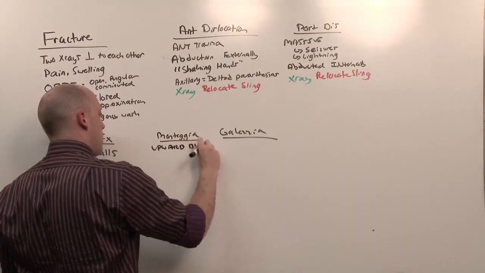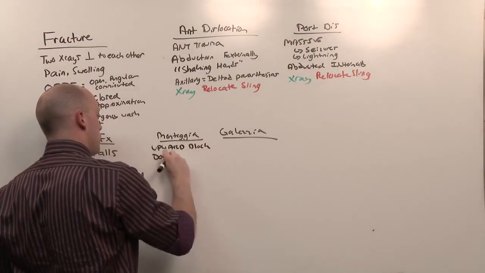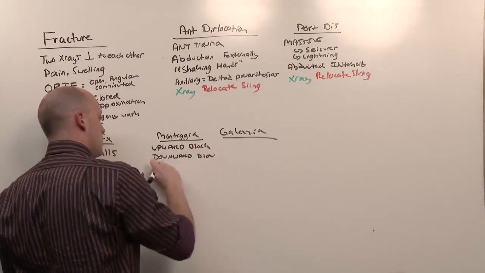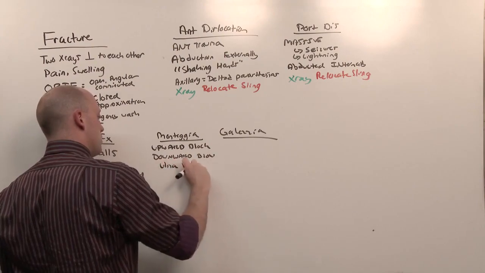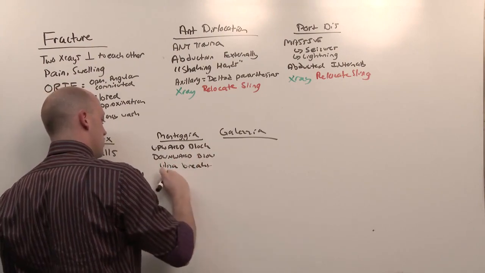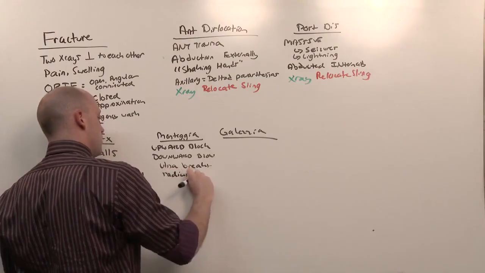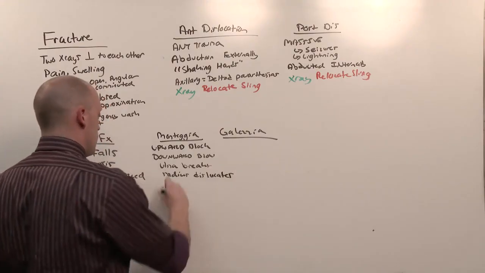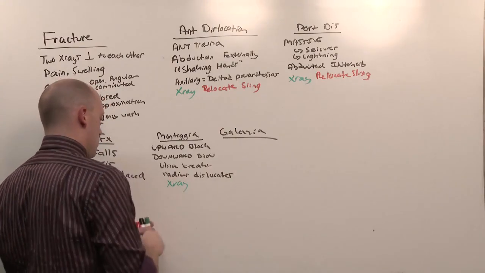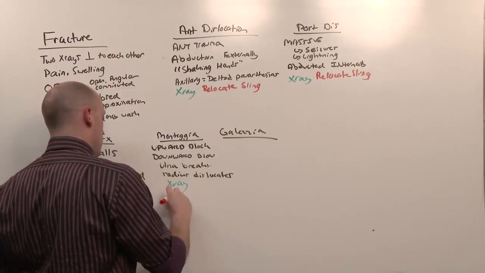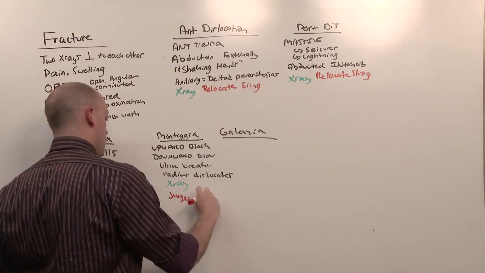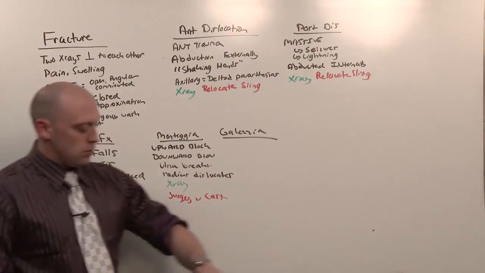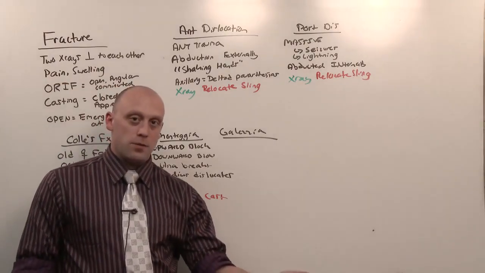Upward block, downward blow. The ulna breaks, the radius dislocates. Surgery versus cast.